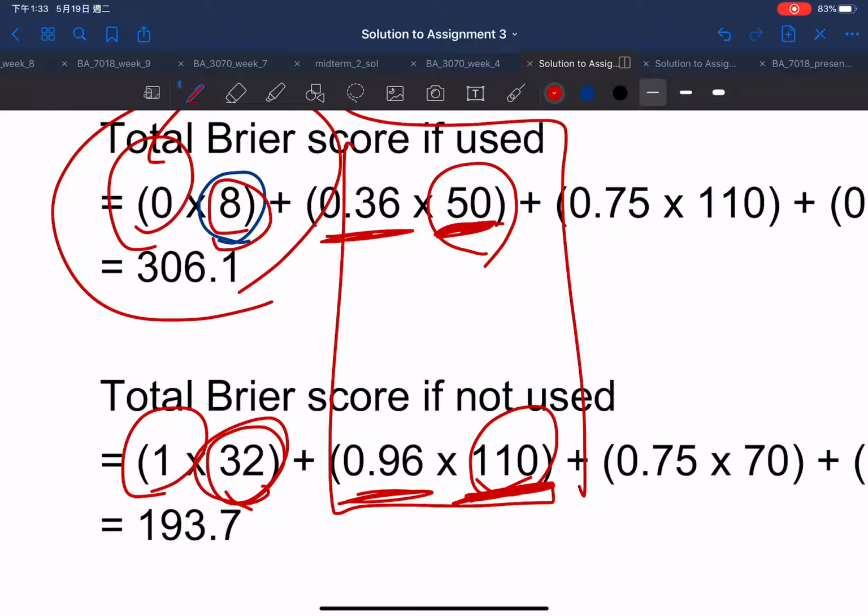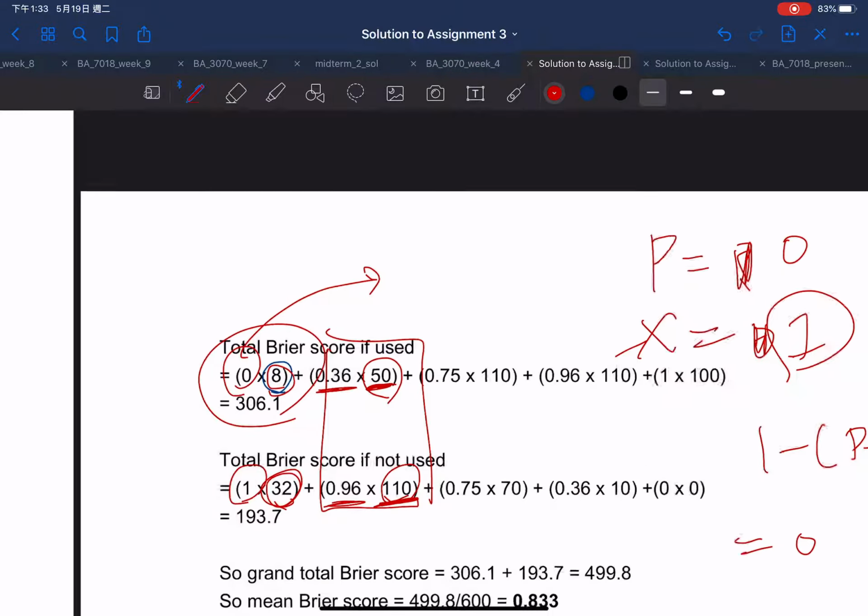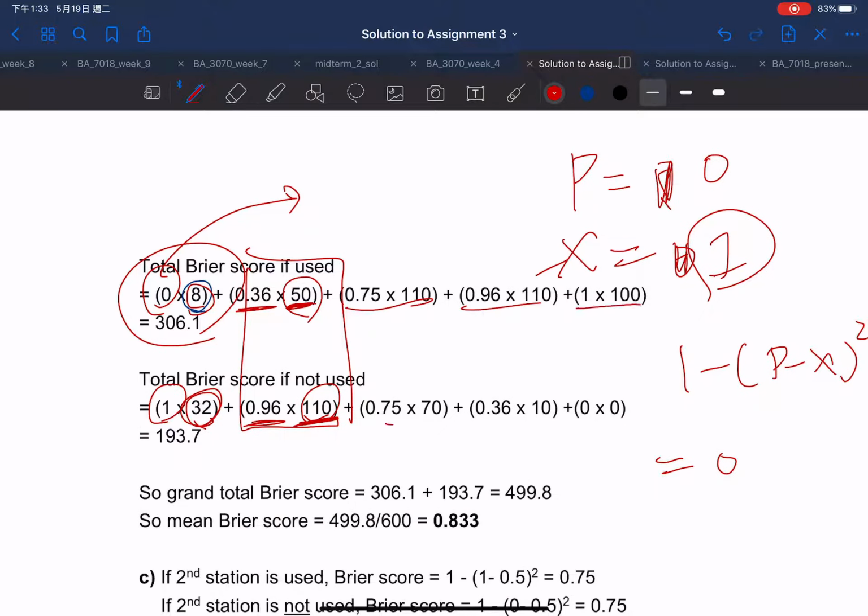Understood? Okay? And similarly, you can calculate this number accordingly.